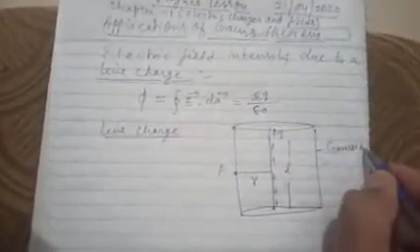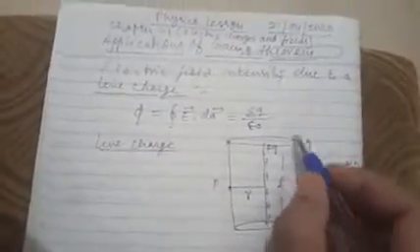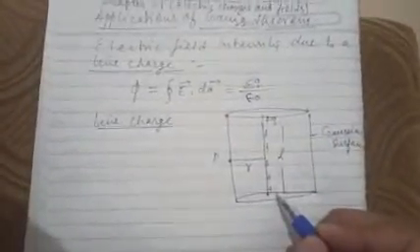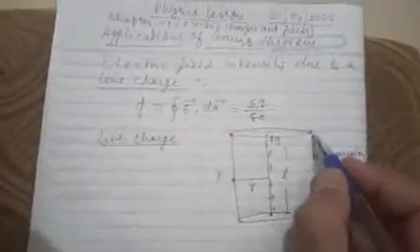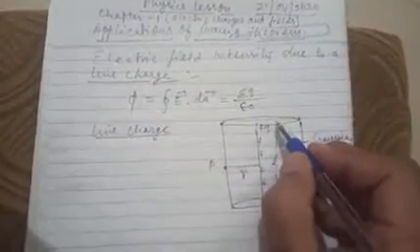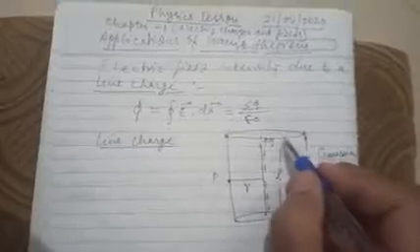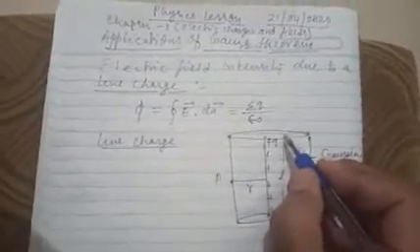Now we have three types of surfaces here. Two are circular and one is curved. We have to determine the electric flux coming out of this Gaussian surface due to this line charge. For this we divide this whole Gaussian surface into small area elements.